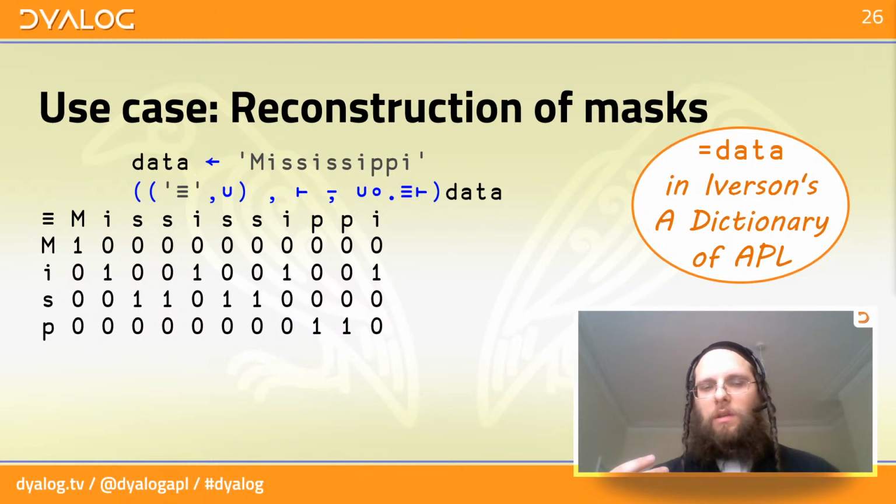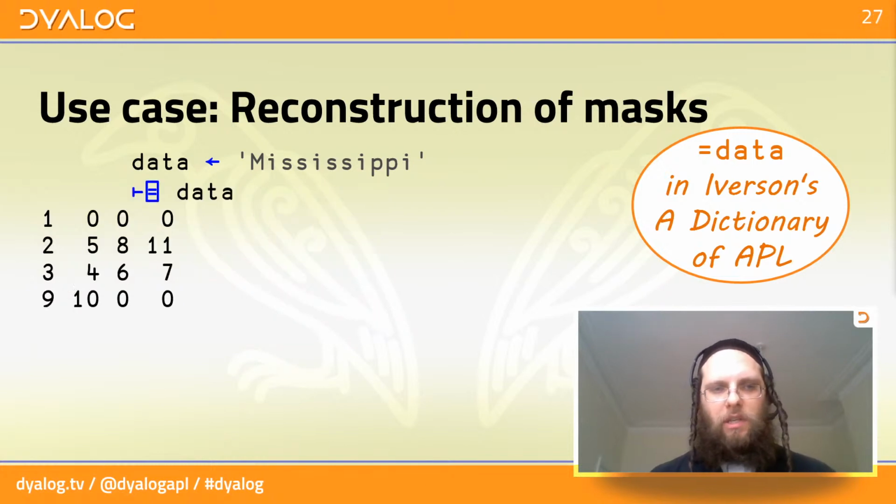So how would we approach creating this table while we're lacking the primitive that Iverson envisioned? Well, we can turn to the key operator. Again, it gives us as right argument to its operand the indices that correspond to each unique element.